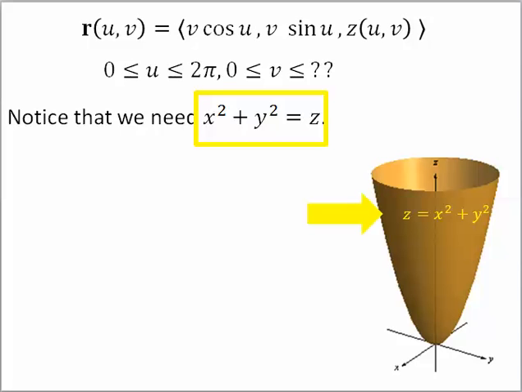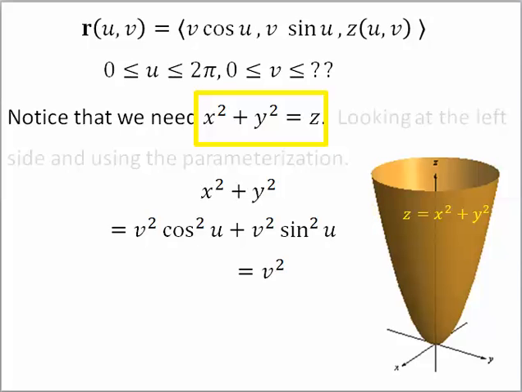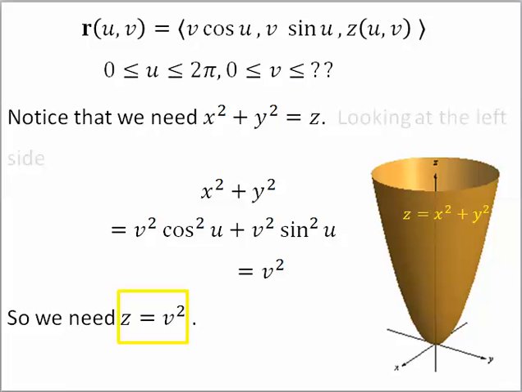Well, we know we want x squared plus y squared to equal z, but x squared plus y squared using the parameterization equals v squared. So that means that z needs to be v squared. So just use that in our parameterization.